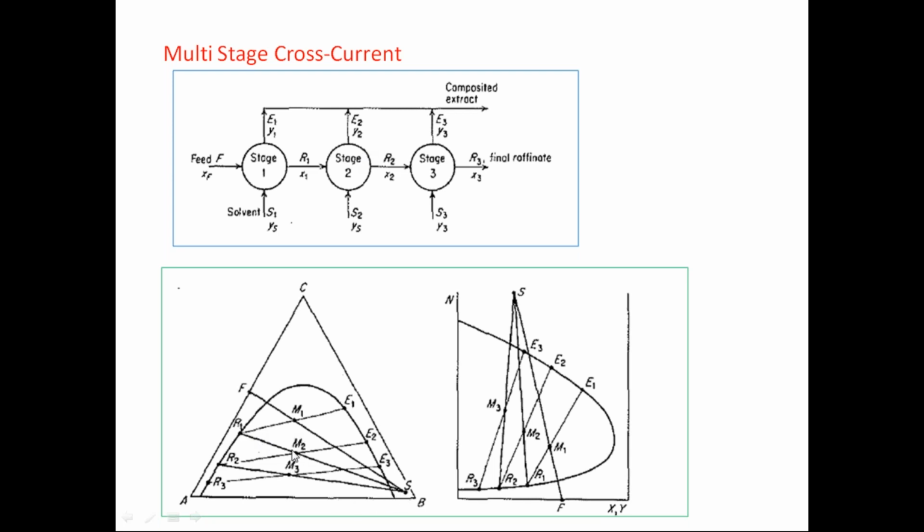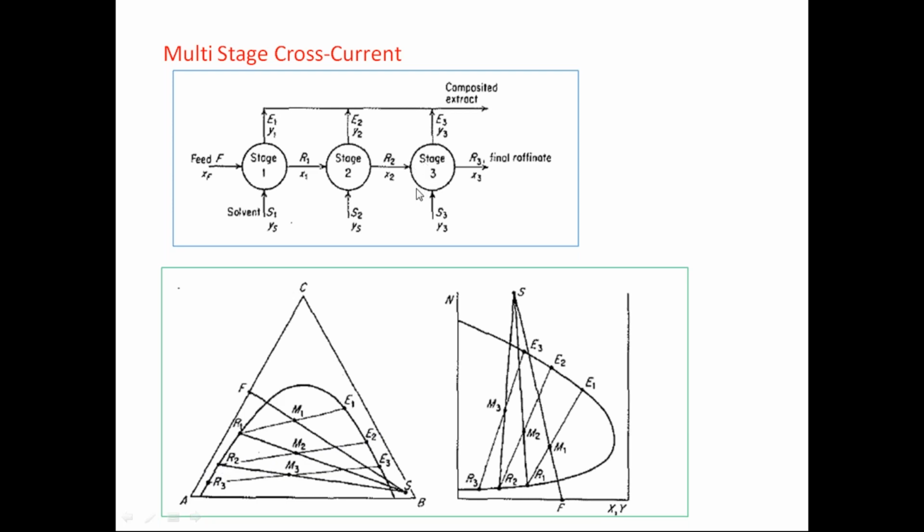Then again M2 will result based on how much solvent you are adding. If you add less solvent, the M will be somewhere here. If you add more solvent, the M will be down. If you add sufficient solvent, then it will be in between. Then again you can draw one tie line which goes through the M2 point.